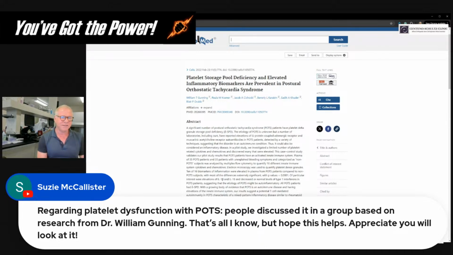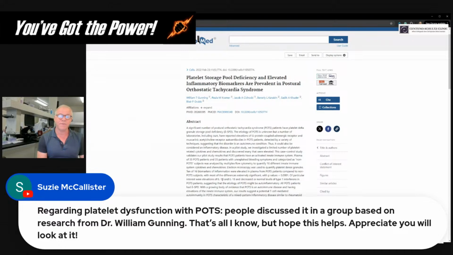But none of that has ever been shown to be an issue with the use of PRP in patients who have known problems like that. So I would expect it wouldn't be in POTS either.